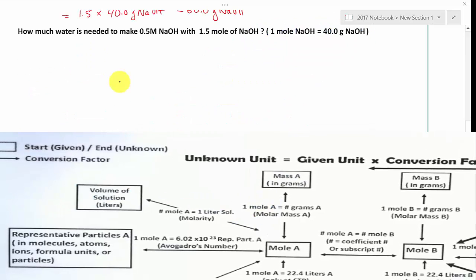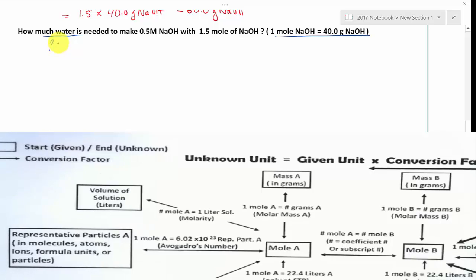Let's try another challenging problem. How much water is needed to make 0.5 molarity of NaOH with 1.5 moles of NaOH? And of course, we are given the molar mass of NaOH. So this is how much water, so that is the question mark. Water. Remember, we need water to make a solution.